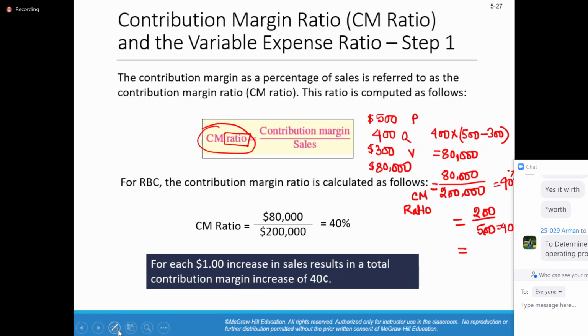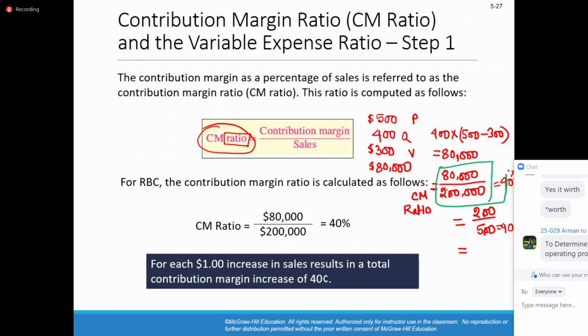Let me change my pen color. You see on this part, for $1 of sales, I am getting 40 cents of contribution margin.